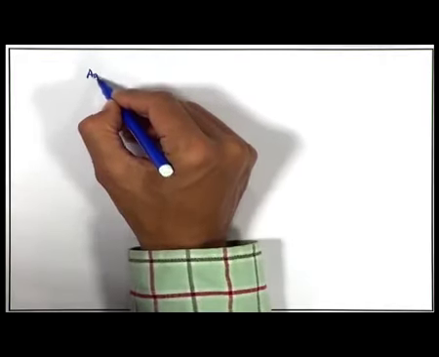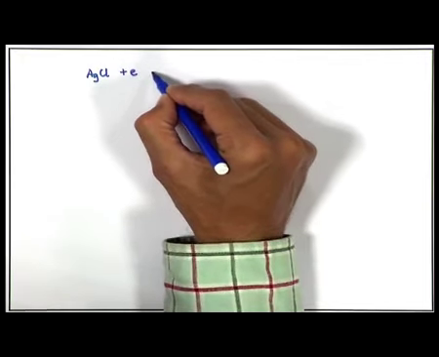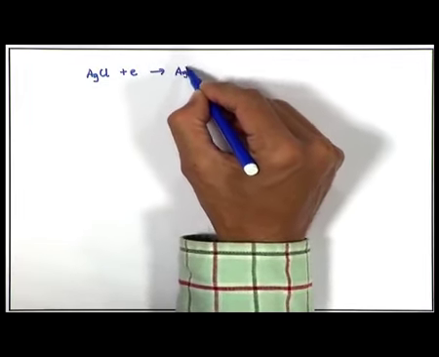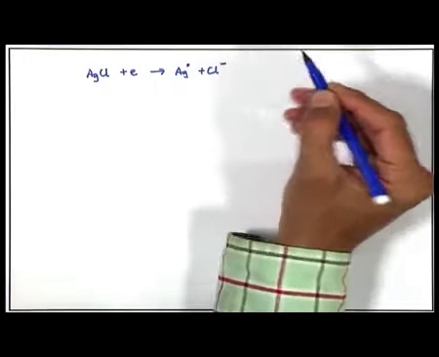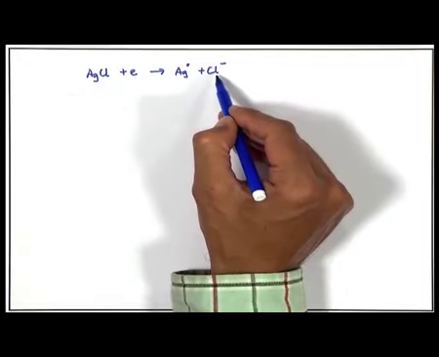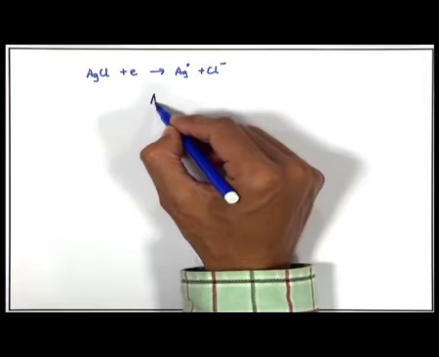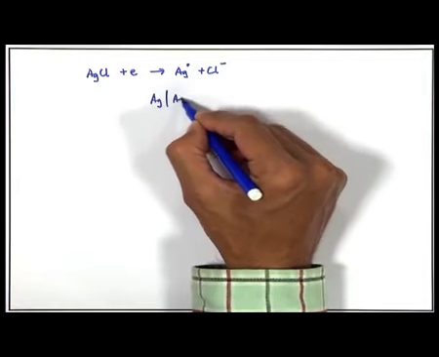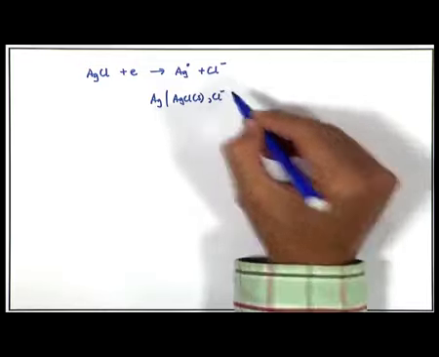So, what is the reaction? AgCl plus electron gets you Ag0 plus Cl minus. So, silver chloride is reversible with respect to chloride. It is represented as AgCl solid, Cl minus.